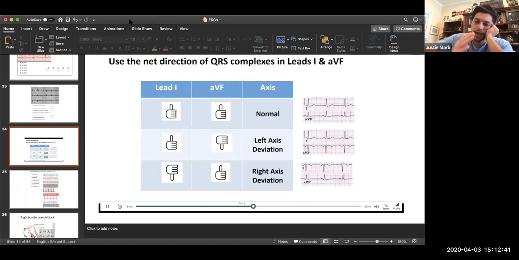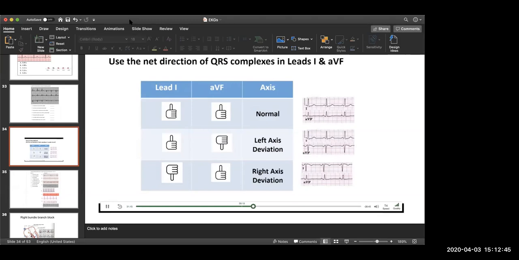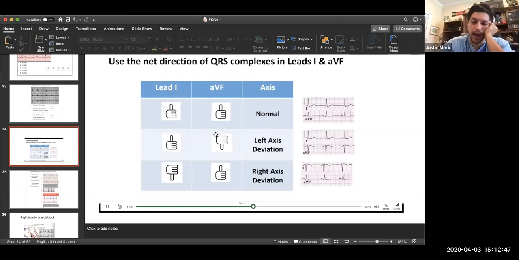It may turn that vector more toward higher up. If you have a right axis deviation, it could be because of right ventricular hypertrophy. For the same reasons, the right ventricle would require a lot more electrical activity to function, and therefore it would pull the depolarization more towards the right.